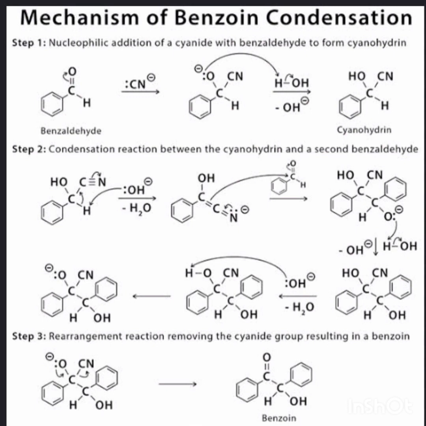The second step is the condensation reaction between the cyanohydrin and a second benzaldehyde. Here the cyanohydrin will react with the hydroxyl group, C6H5CHOH, OH minus will be added, that will eliminate the water molecule, which will give the intermediate C6H5C(OH)=C=N.